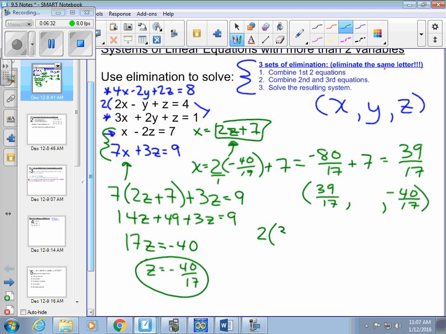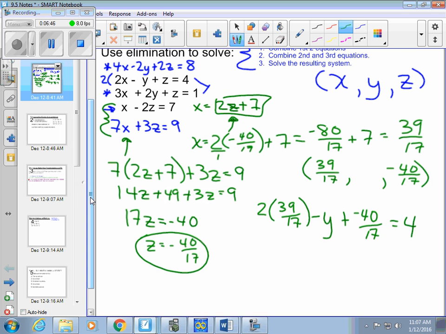2 times 39/17 minus the y plus my negative 40/17 gets us to 4. 78/17 minus y minus 40/17 equals 4.